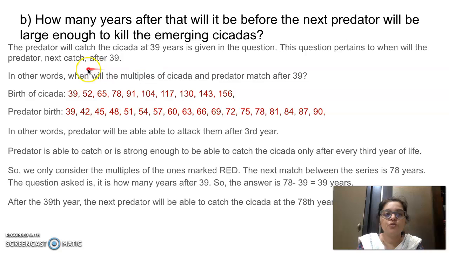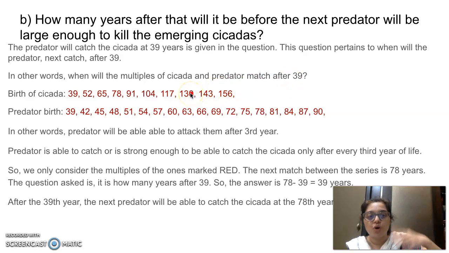This question pertains to when the predator will next attack after 39. We don't need the earlier one, we need the later one. In other words, when will the multiples of the cicada and the predator match after 39? Okay, clear? Wherever you want, please pause the video and re-listen to it before you move ahead.